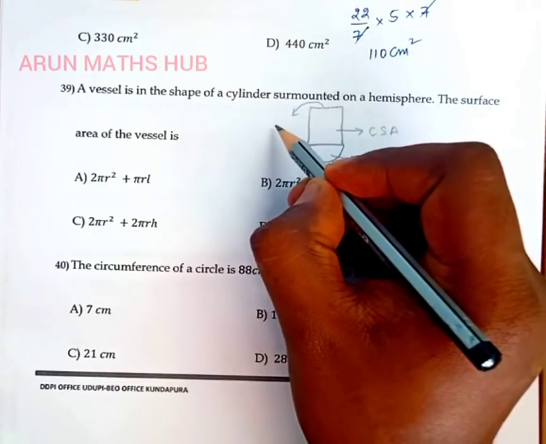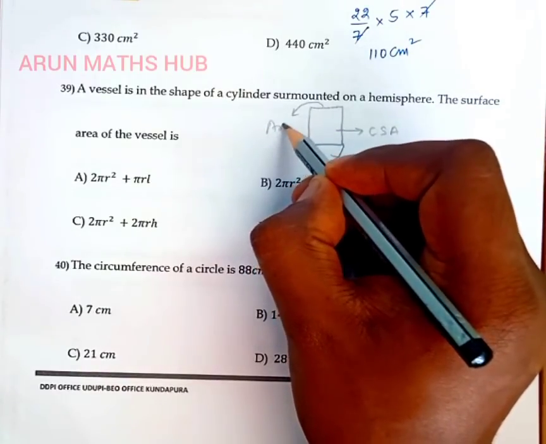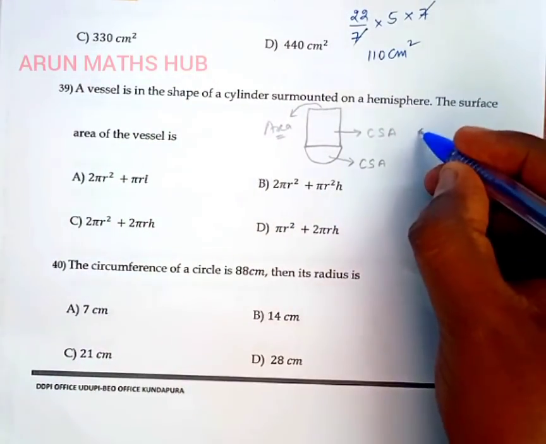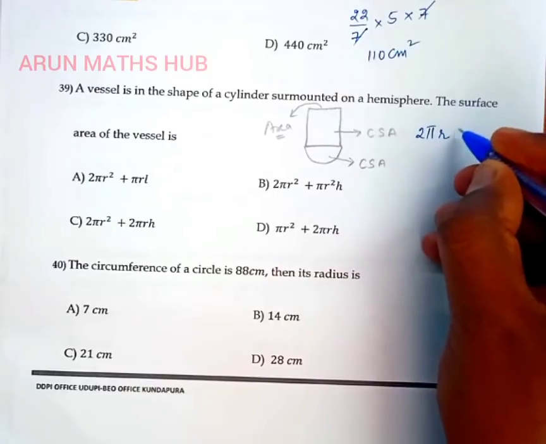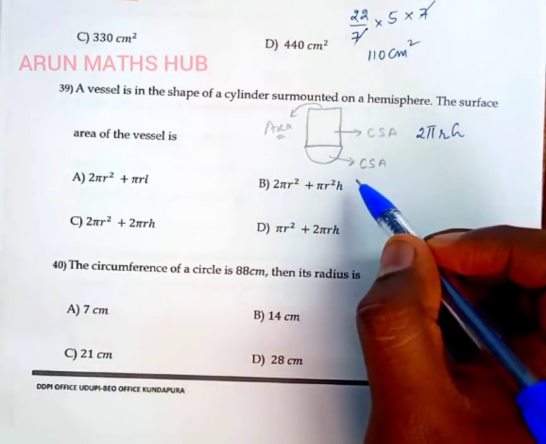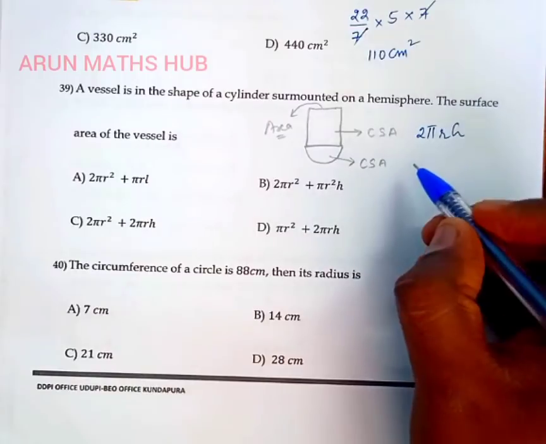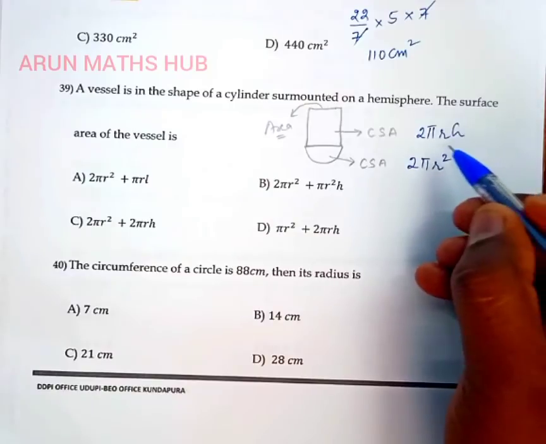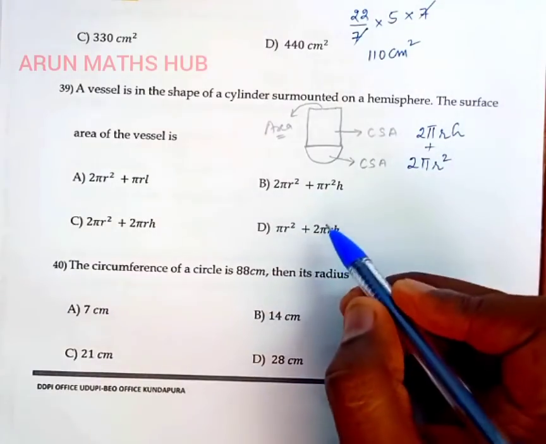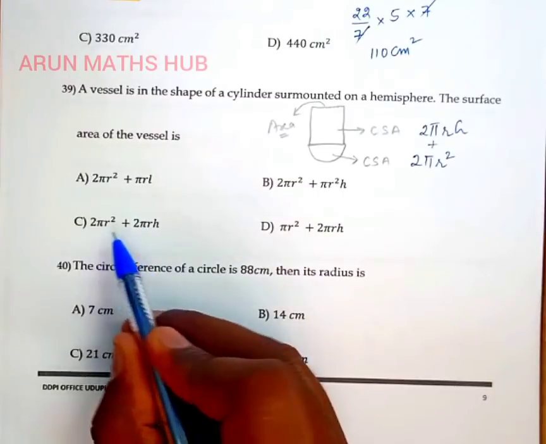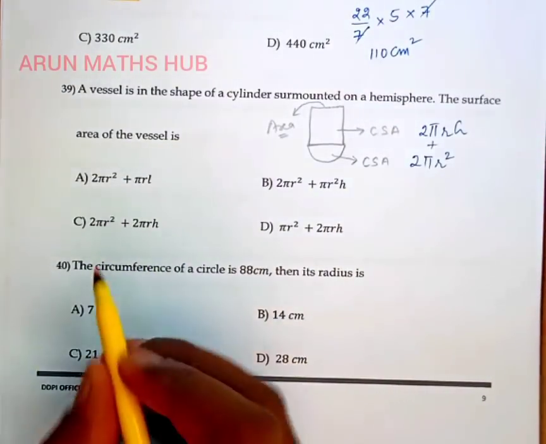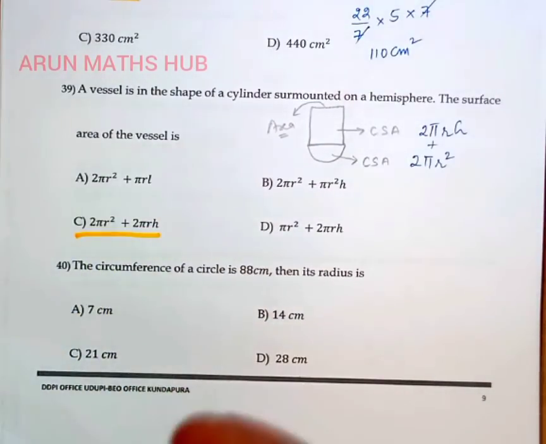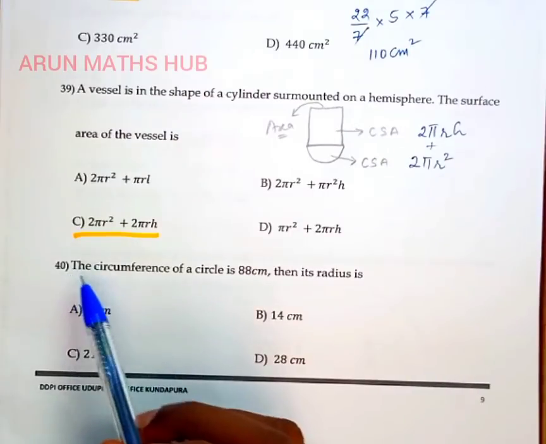Don't get confused with the top area. The vessel will be open, therefore don't consider the top area. Now CSA of cylinder is 2 pi r h, CSA of hemisphere is 2 pi r square. Therefore the surface area of the vessel is 2 pi r h plus 2 pi r square. The correct answer is option C, 2 pi r square plus 2 pi r h.